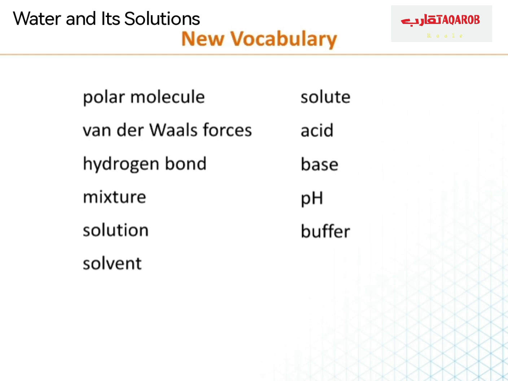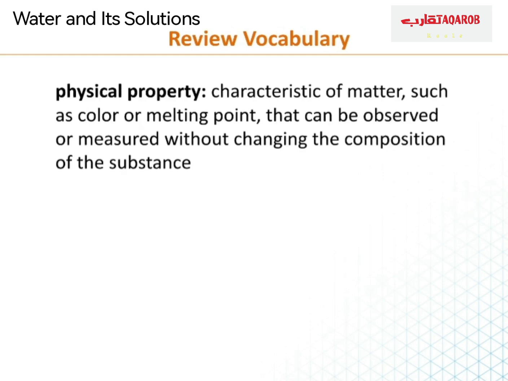So let's start with the new vocabulary: polar molecules, van der Waals forces, hydrogen bonds, mixture, solution, solvent, solute, acid, base, pH, and buffers. Let's start with this vocabulary: physical property. What do you mean by physical property?